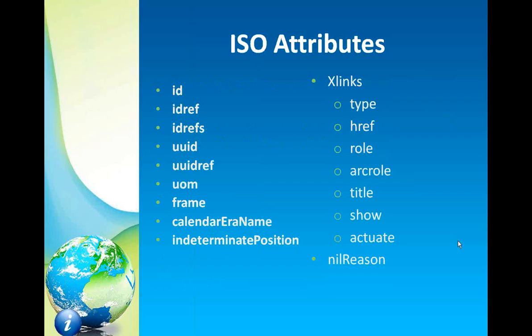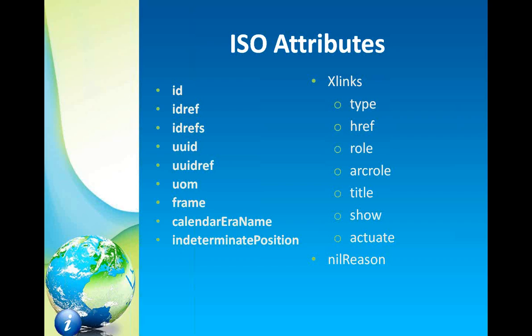We're going to get a little bit more into ISO attributes. This is a list of your common attributes that you'll see. Again, there's a lot of information and examples and further detail on the wiki page here. The most common ISO attributes that you'll see are ID, ID Ref, ID Refs, UUID, UUID Ref, UOM, which is unit of measure, frame, calendar era name, indeterminate position, and then you have X-links.